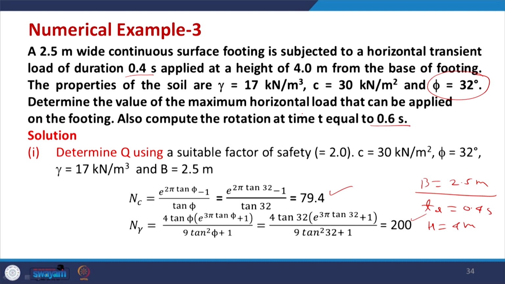And now the next part of the question that is asked: first part, determine the value of maximum horizontal load that can be applied on the footing. So, maximum horizontal force that can be applied is lambda into q, where lambda is already found out. Now, for this load, find the rotation at time t equal to 0.6 second.